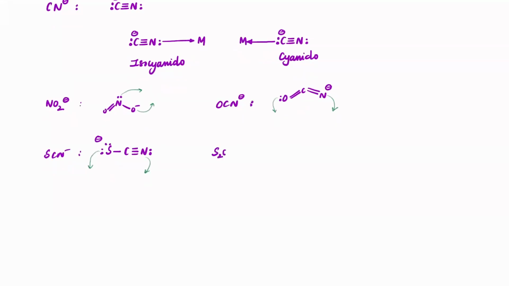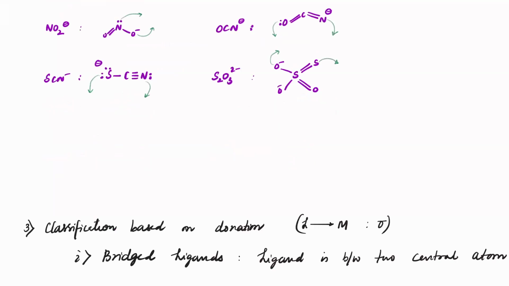S2O3 2 minus is one such exception where it can act like a flexidentate. In some areas, very few areas, it will act like a bidentate ligand. Otherwise, it can give a connection from the oxygen end or the sulfur end like this. Another example is SO3 2 minus.